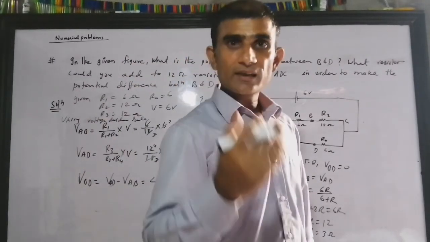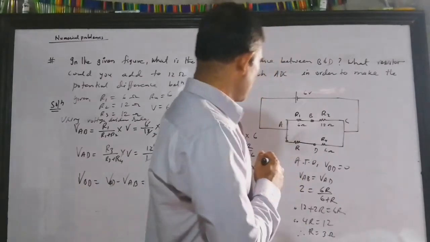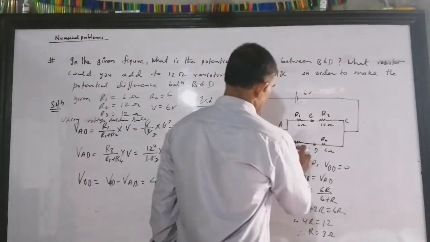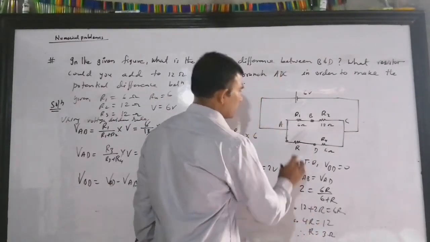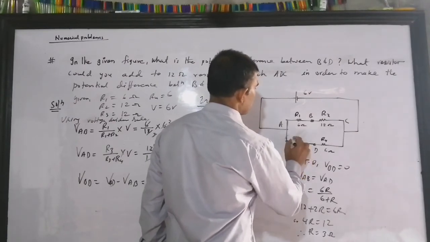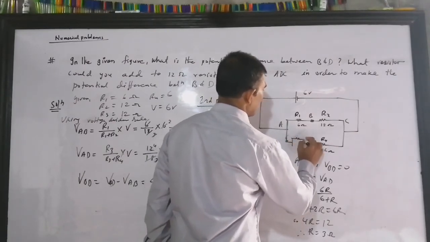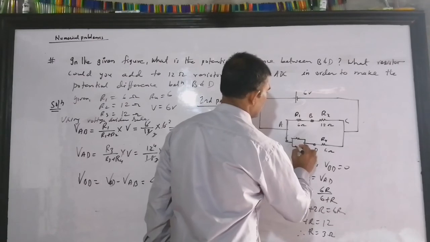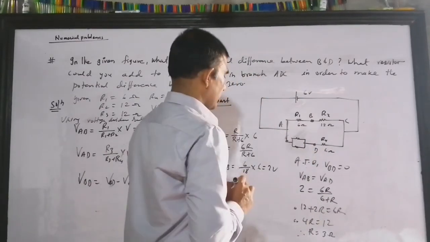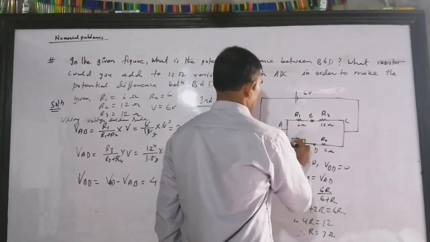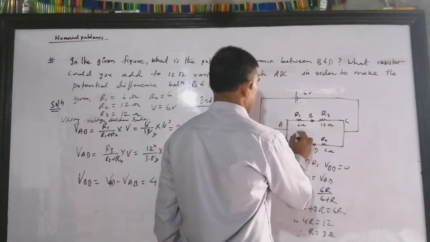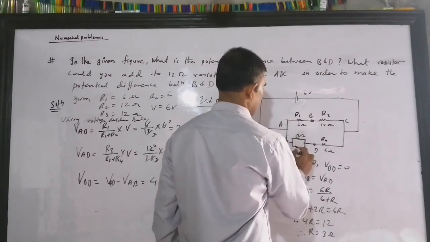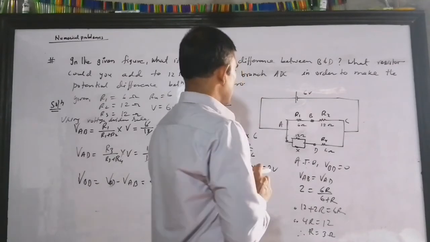That is connecting the resistance in parallel. And so the equivalent resistance I got is 3 ohm. So I want that resistance here. One is the 12 ohm resistance, and one resistance you want to connect here. Overall resistance is 3 ohm, one is 12 ohm already, and this resistance I don't know.